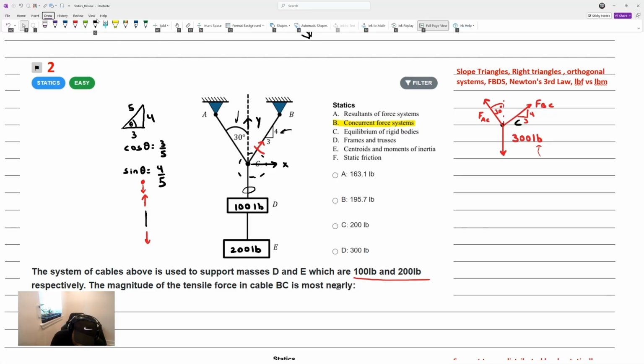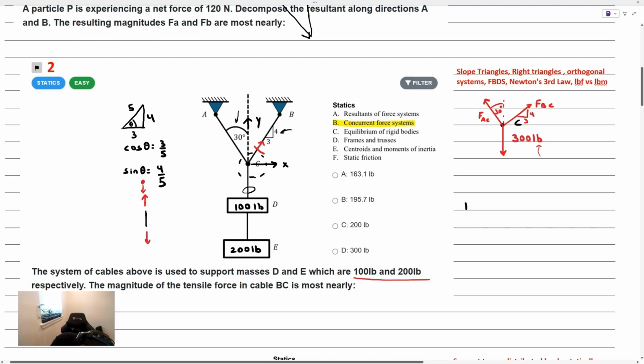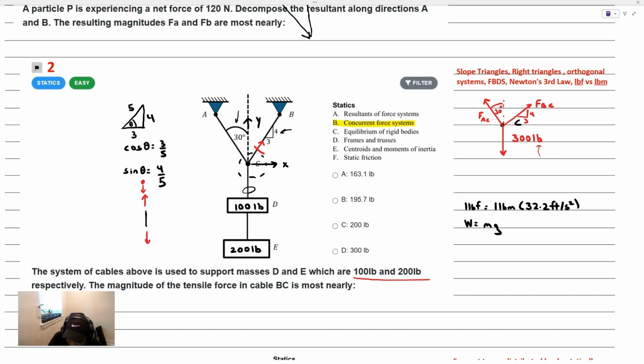The reason for that is because 1 pound force is the amount of force necessary to accelerate 1 pound mass at 32.2 feet per second squared, right? This is just the normal conversion that we use to go from pound mass to pound force. And we know that weight is equal to mass times gravity.